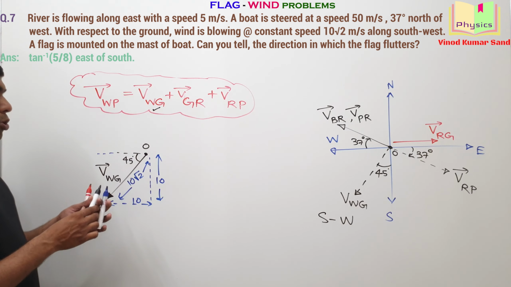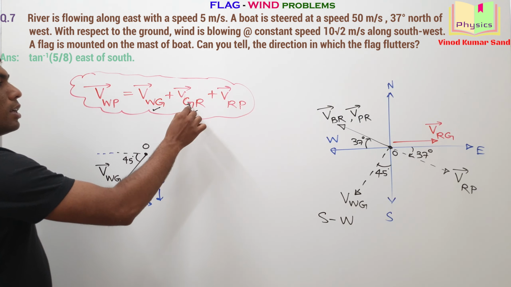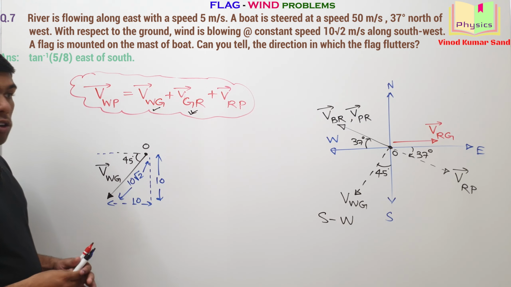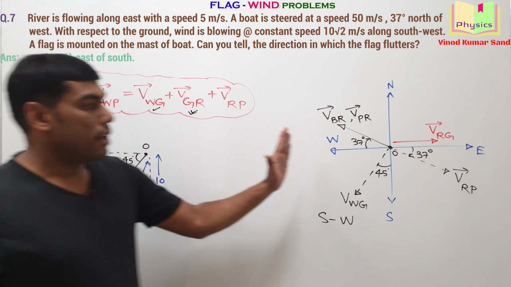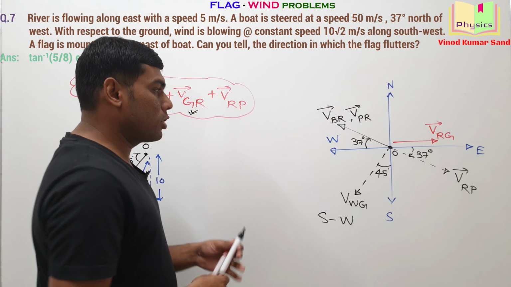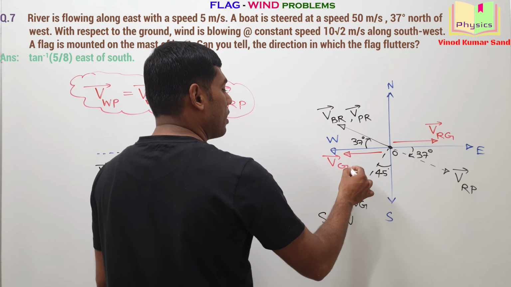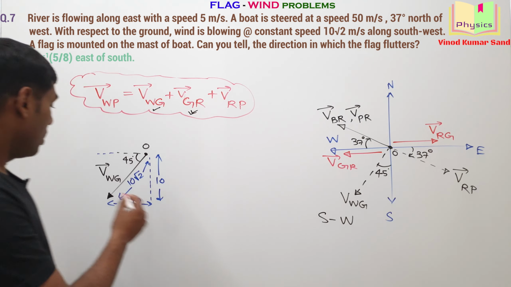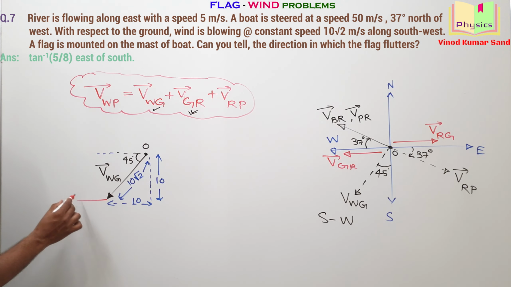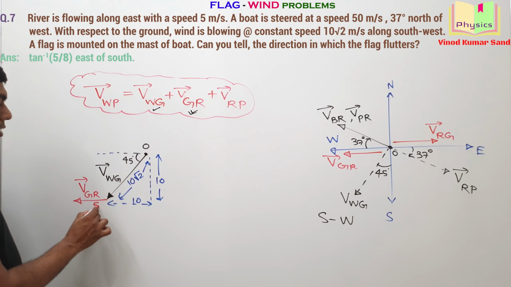Now in VWG, we have to add VGR, velocity of the ground with respect to river. If VRG is in this direction, then can we say that VGR will be in this direction? So marking that vector here, this is VGR. And what is its length given to us? According to the data given in the question, this length is 5.